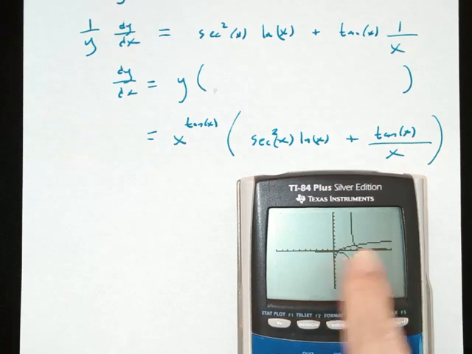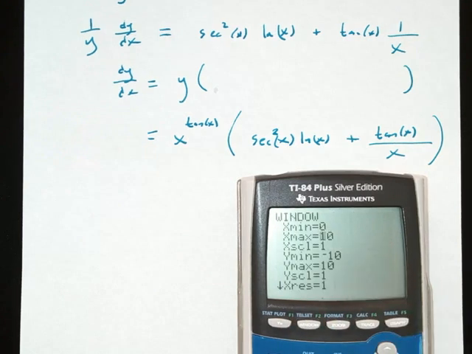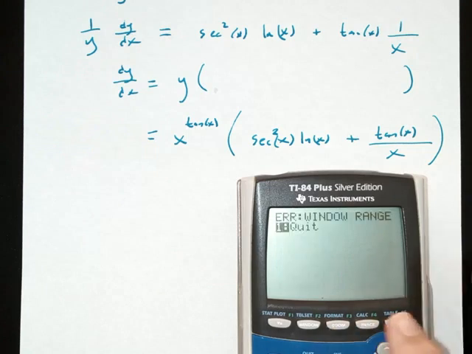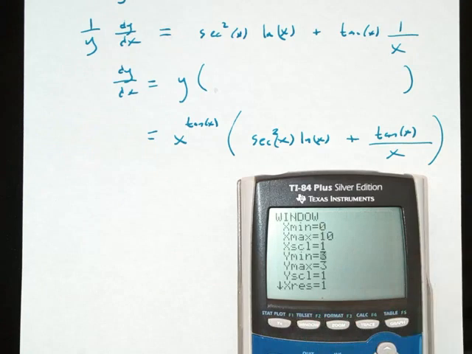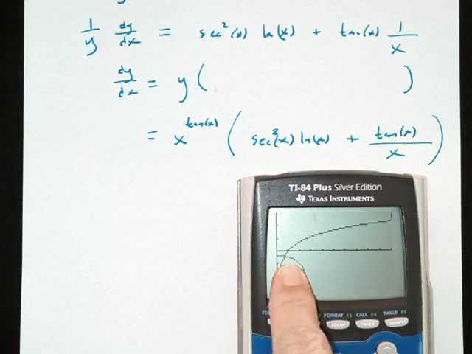I see 2 intersections. One of them is over here, one of them is up there.